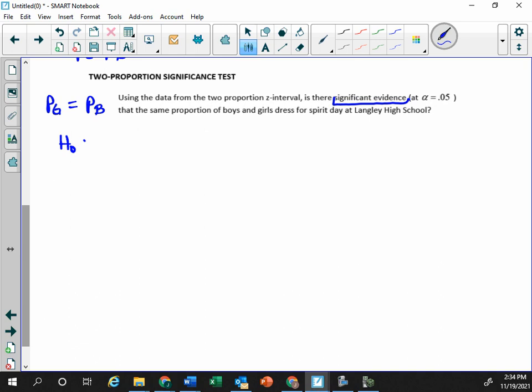Good catch. So we are going to say our null, you could write it P sub G equals P sub B. I'm going to go ahead and write it in terms of the difference because that's how everything else has been so far. We've done P sub G minus P sub B. Our null is that that is equal to 0.